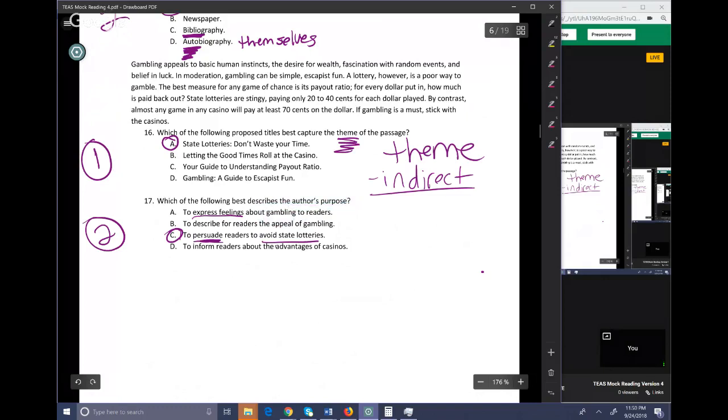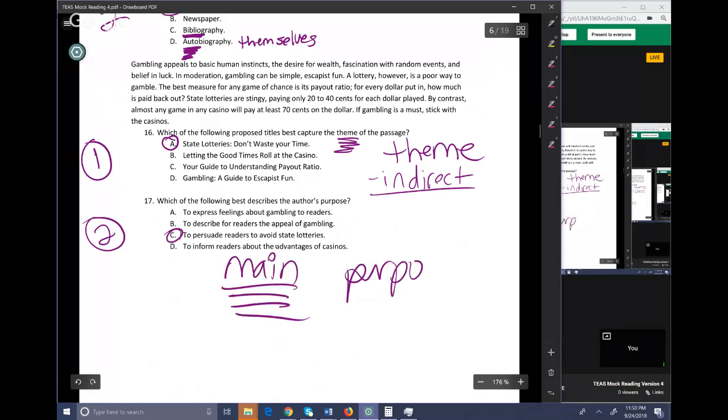It may have seemed that way, but it was a comparison of two very specific kinds of gambling, one in particular that was emphasized as not having a good payout ratio. And it wasn't supposed to inform readers about advantages of casinos because it was more focused on informing readers of disadvantages of state lotteries.